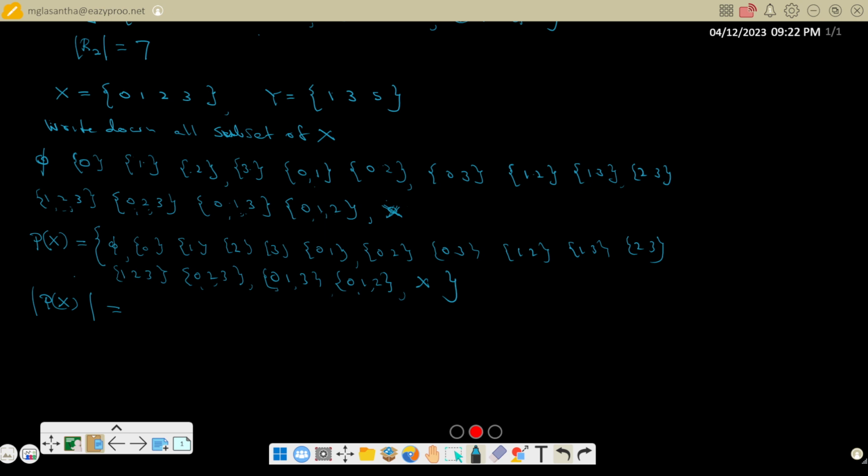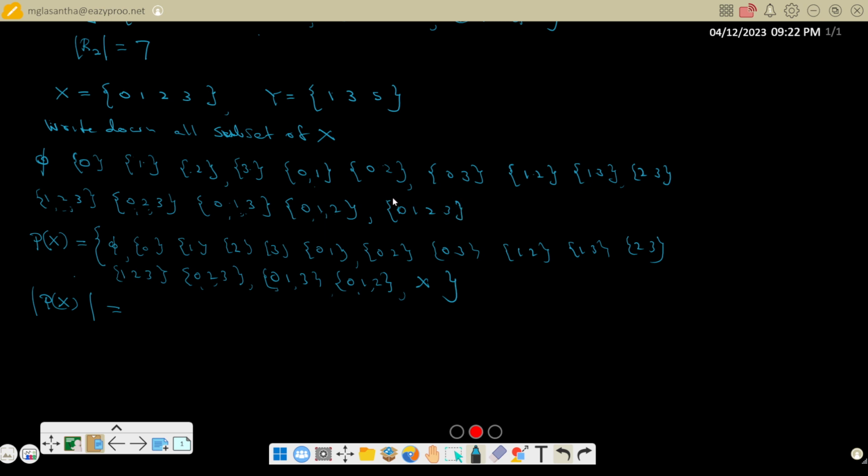Sir, after that you put X? 0, 1, 2, then you put X. Yes, X is actually the entire set, and that is also a subset of X. We cannot remove it. This is X: 0, 1, 2, 3.